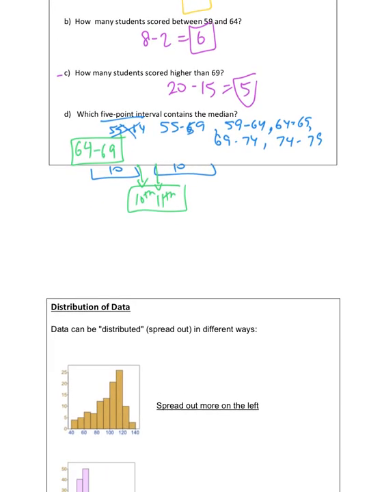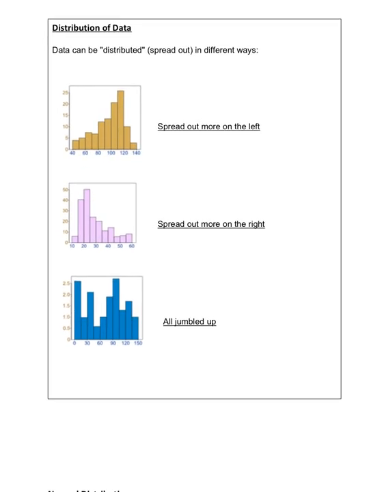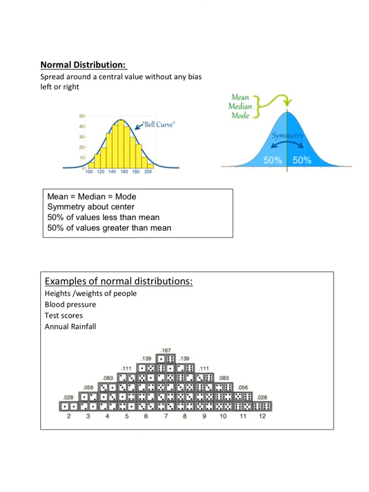Okay, kind of tricky. I'm not going to talk too much about this distribution of data. If you graph everybody's scores, they end up creating a pattern really. Like sometimes you have scores more spread out on the left, sometimes you have scores more spread out on the right, sometimes they're all jumbled up. Ideally, you want what's called a bell curve or a normal distribution, which you may have heard of. It's when your scores do this.